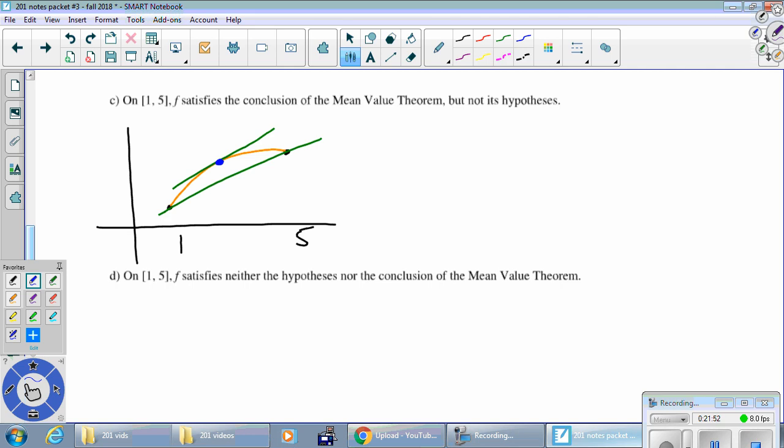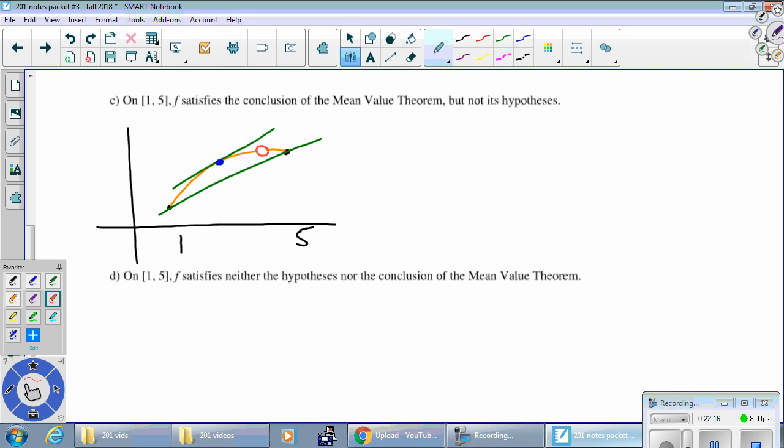But this one says you don't want it to satisfy the hypothesis. You want the conclusion, which I've got, but you don't want the hypothesis. And I have the hypothesis solved. So how do I make it not satisfy the hypothesis? Well, I can do lots of cheesy things. I can take my little eraser and take out one point that has nothing to do with anything, as it's really far away from the magic point that worked.